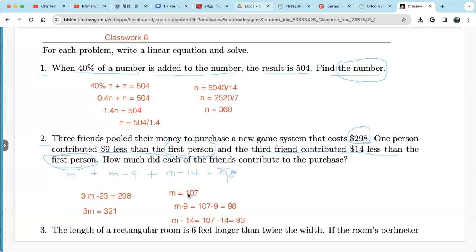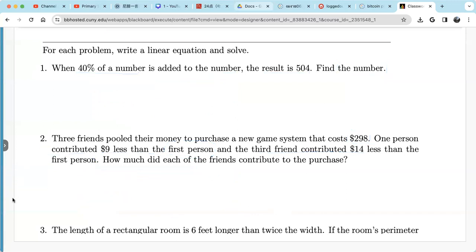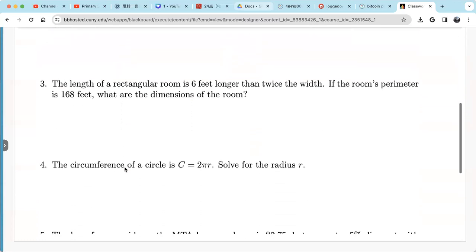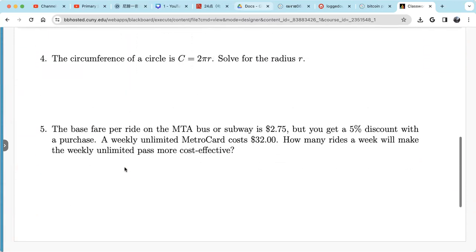So the first person has $107, the second person has $98, the third person contributed $93. So we have 3, 4, 5.